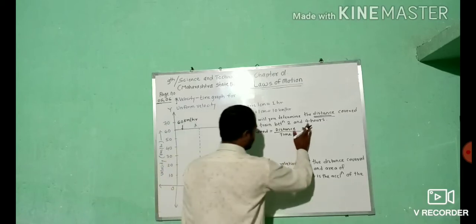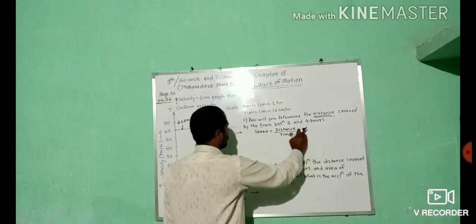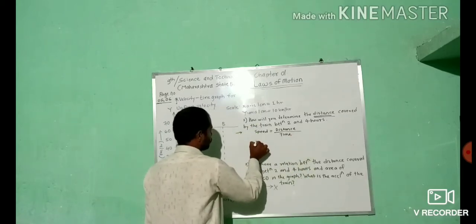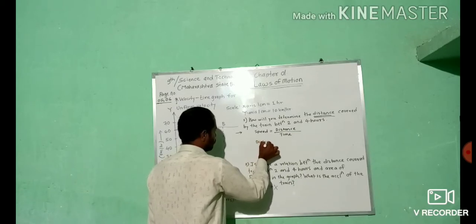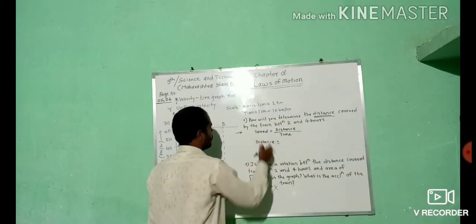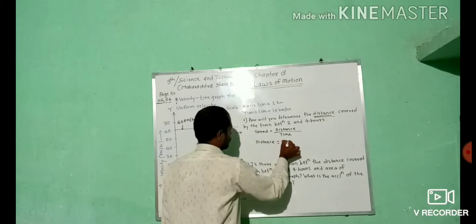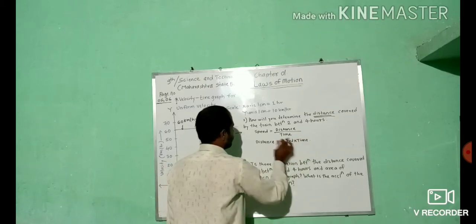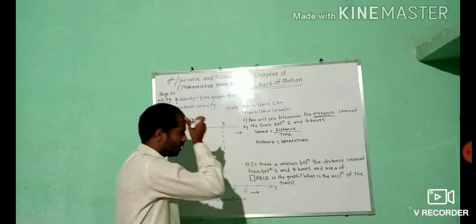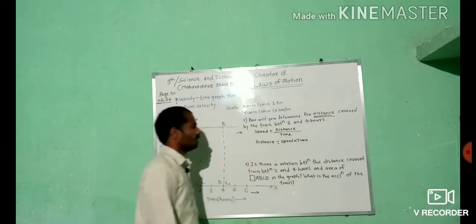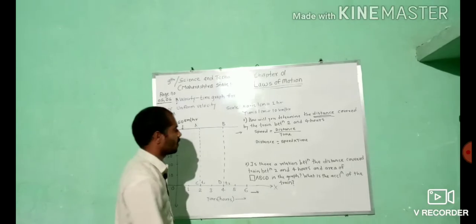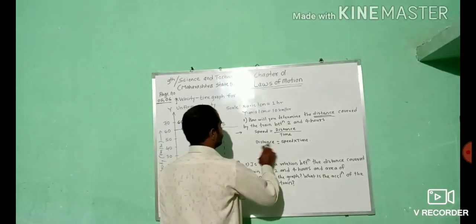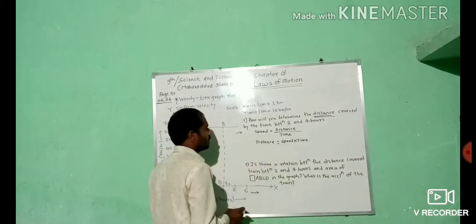That you need to find out, so adjust the formula. Distance is nothing but speed into time. The time which is in the divide goes to the multiplication. So distance is equal to speed into time.